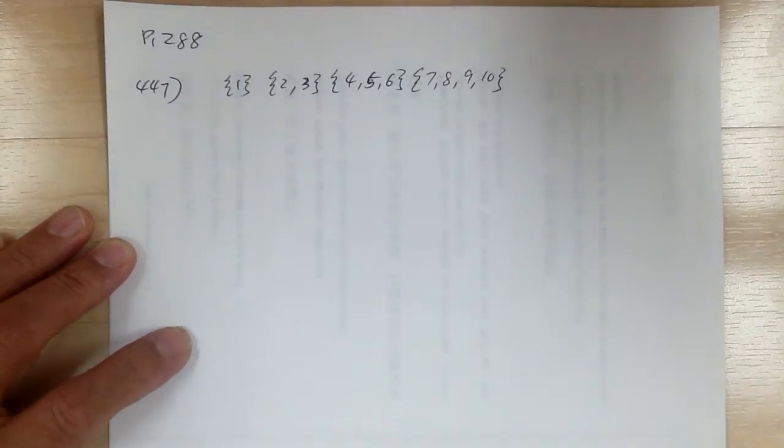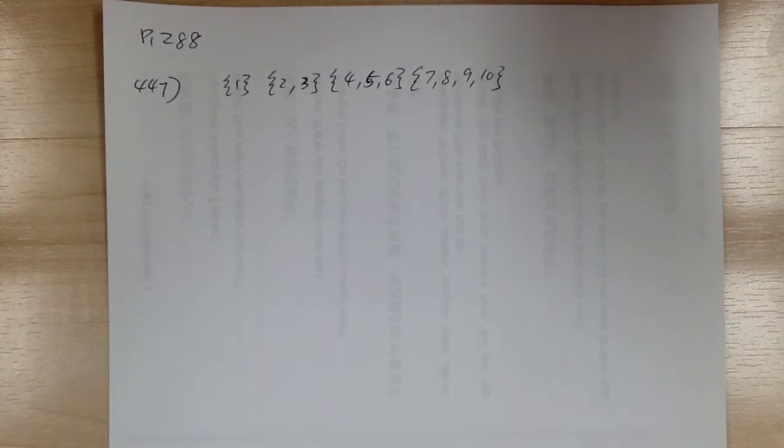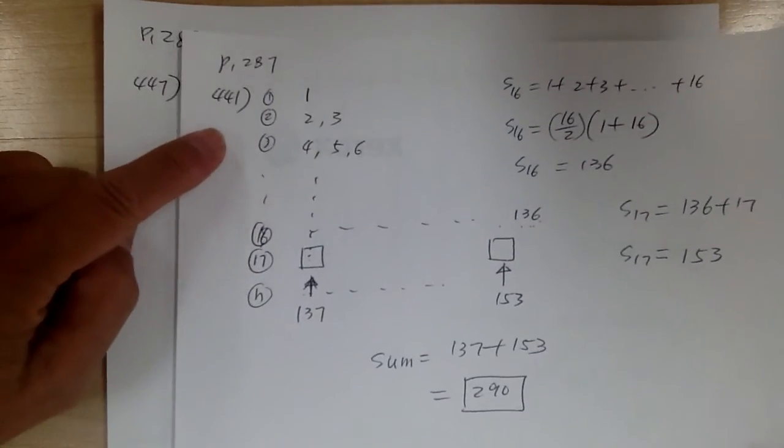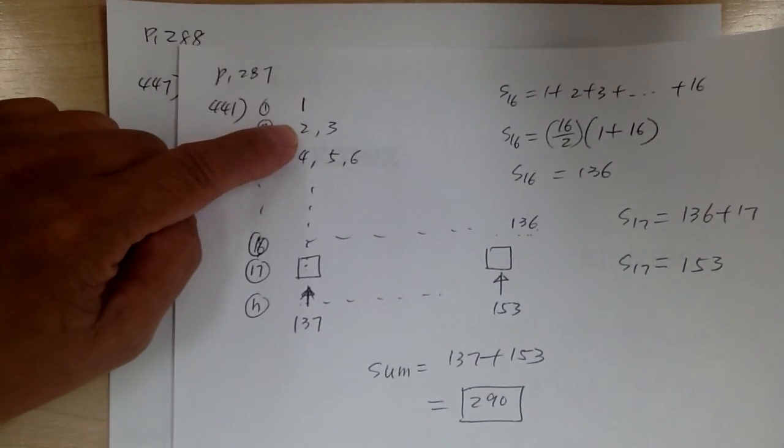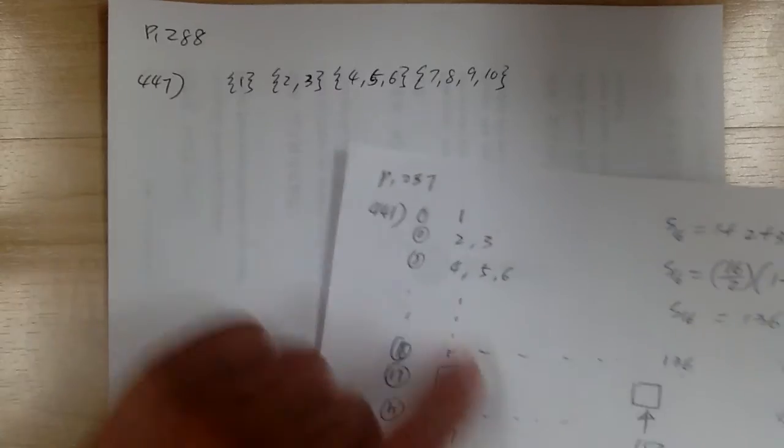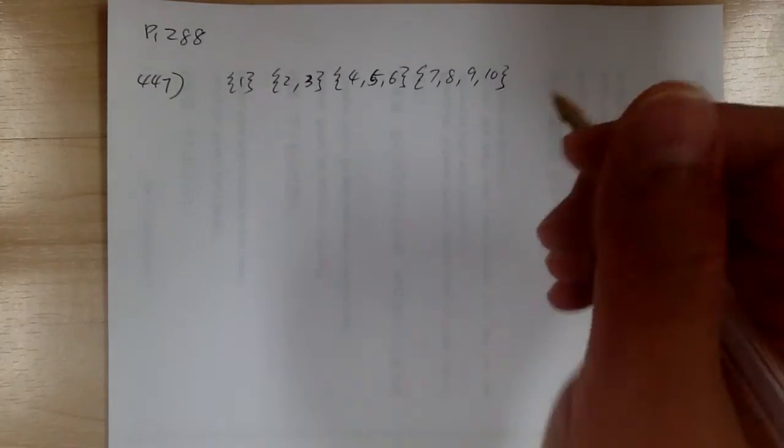So this one is very similar to the one we did earlier, the one about the different lines. One number on the first line, 2 numbers on the second line, and so forth. So it's very similar.